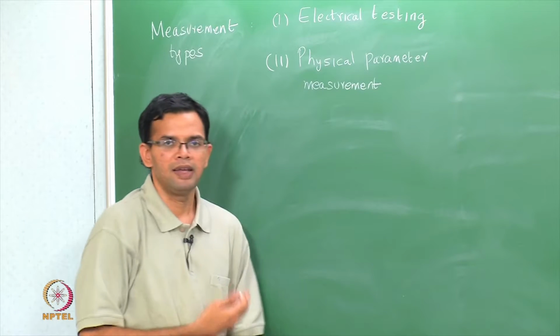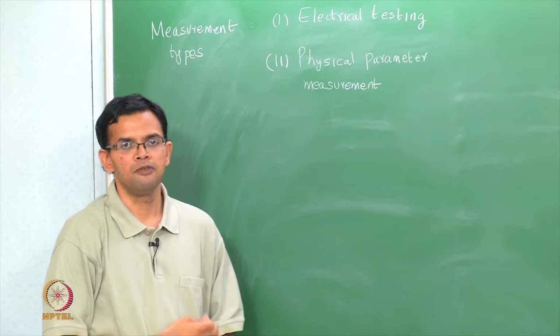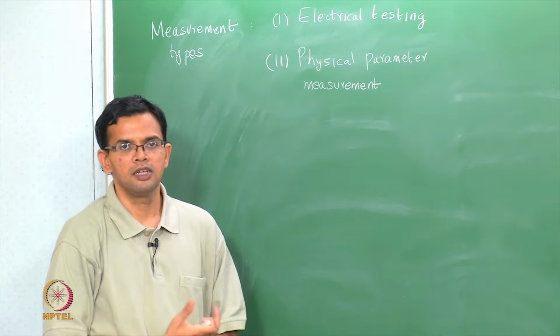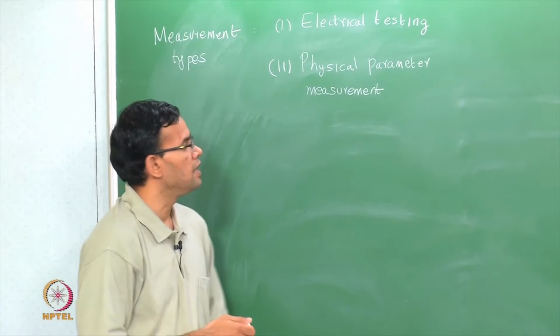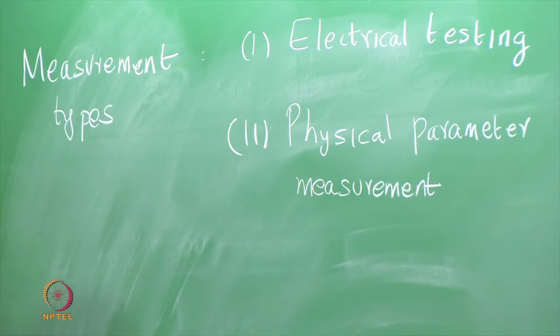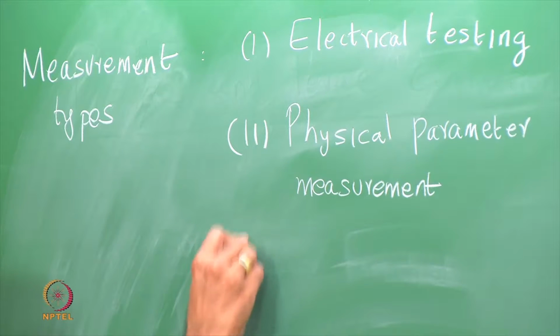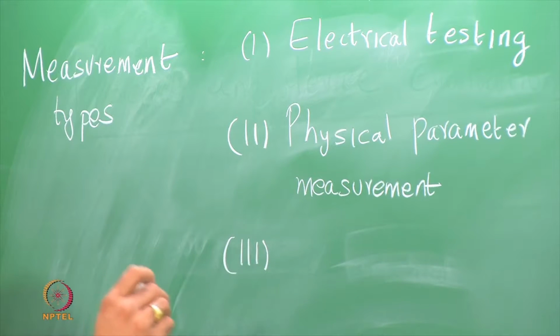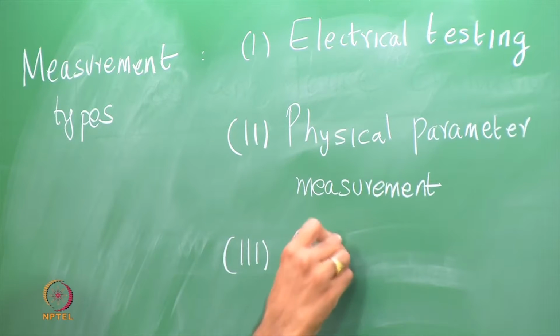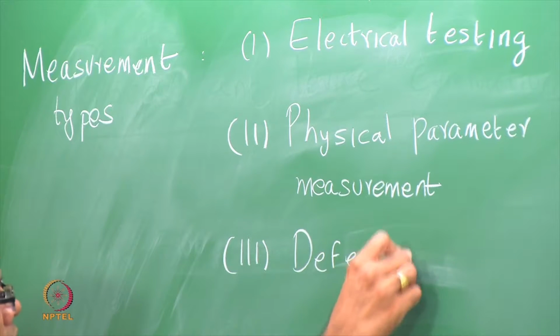And we just saw an example of this. For example, if you look at an oxide, the thickness of the oxide would be an example of a physical parameter. And the third type of measurement that is carried out is the defect measurement.